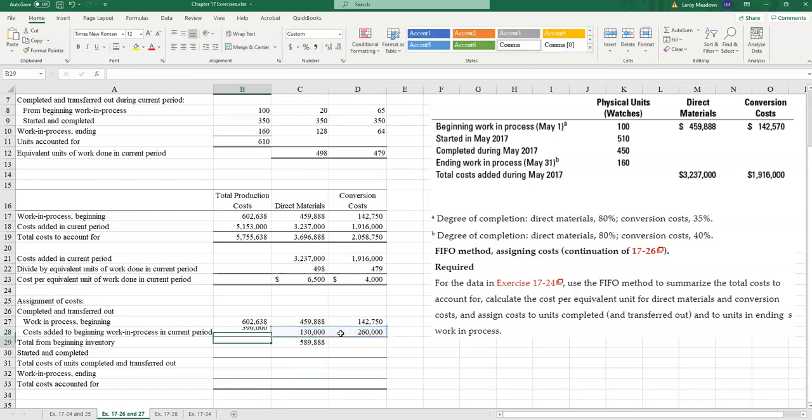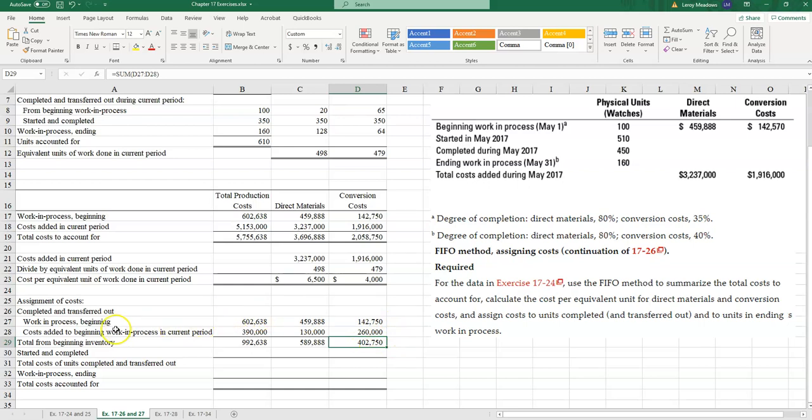The total value of the work I did this period was $390,000. So how much in total inventory did I do? So total cost of beginning inventory is $992,458. And that's the sum total of my conversion cost.